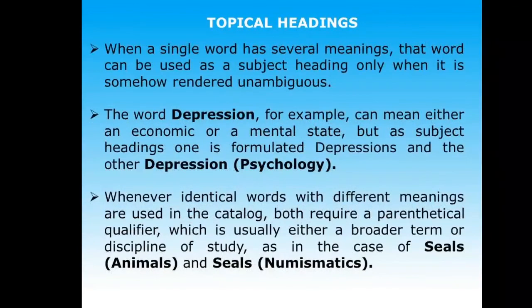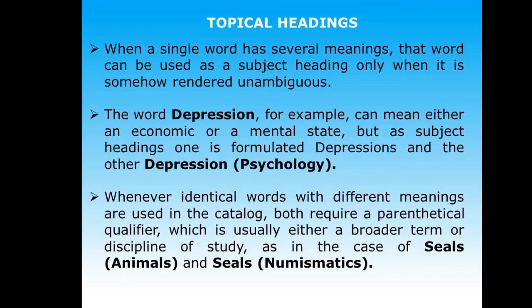Again, while using words with several meanings, like I told you with Python, Python can be used for the programming language and for snakes. Similarly, here I have given an example with depression in economics and in psychology. While using a single word which represents more than one meaning, it is always advisable to qualify it with a parenthesis.